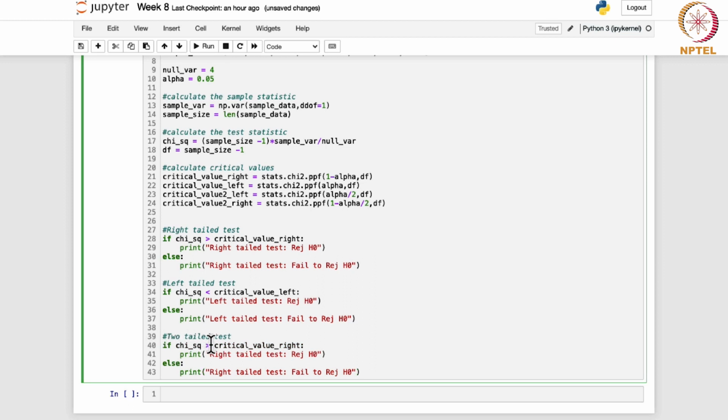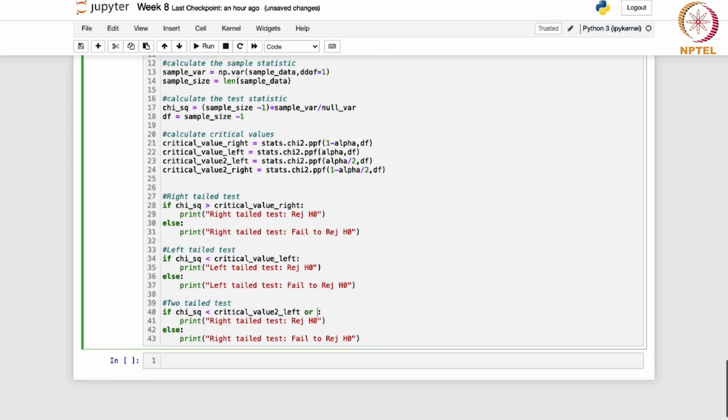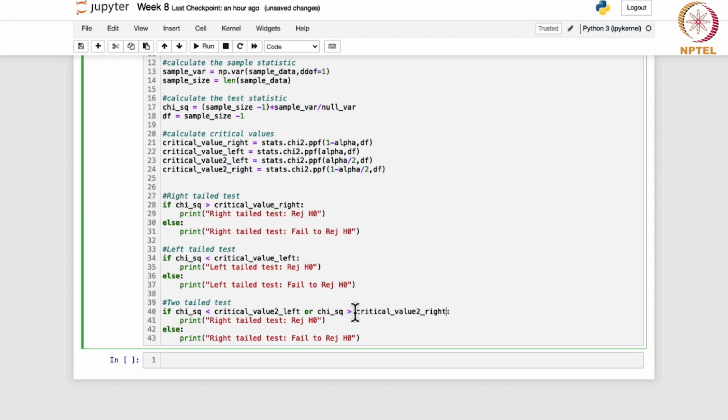In a two-tail test, we check in either direction. So we will check if the chi-square value is less than the left tail critical value, or if it is on the other side, so chi-square is greater than the right tail critical value, the upper tail value.